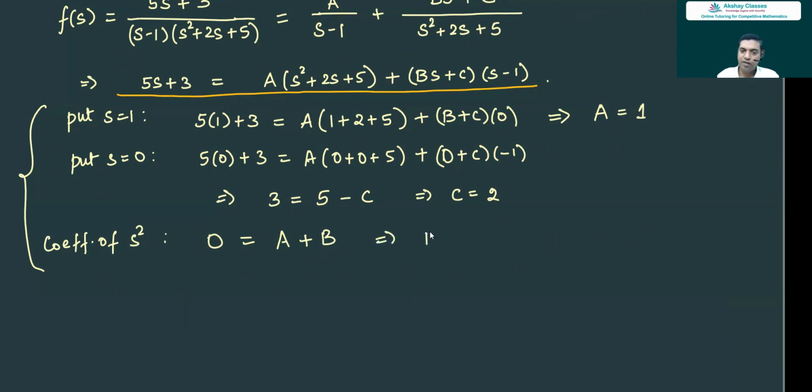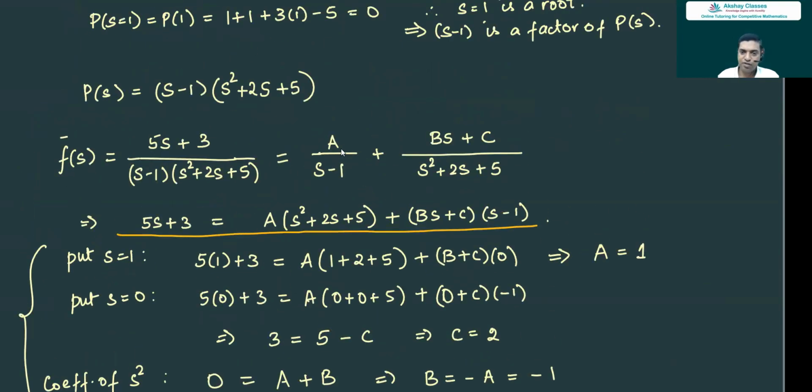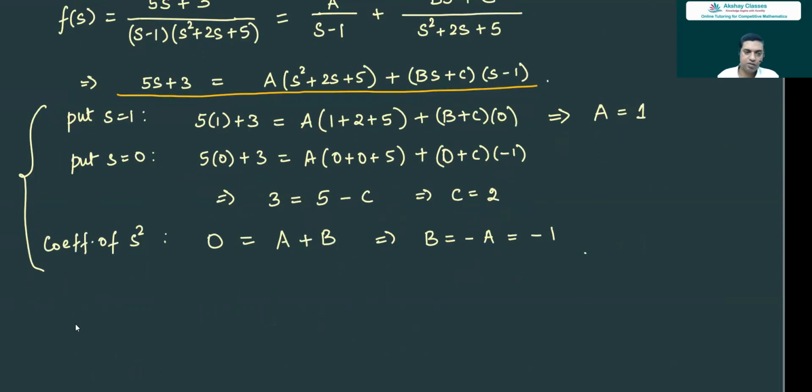So from here we get b is equal to minus a, which is minus 1. Now the partial fractions: a is 1, b is minus 1, c is 2. So f bar of s we can write as 1 upon s minus 1, plus (minus s plus 2) by s square plus 2s plus 5.